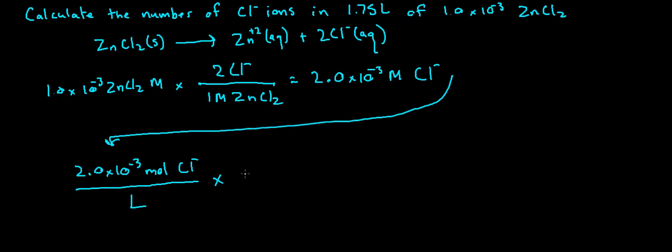Now I'm going to multiply it by 1.75 liters. Liters cancel, which leaves me with just moles of chlorine. And this is equal to 3.5 times 10 to the minus third moles of chlorine.